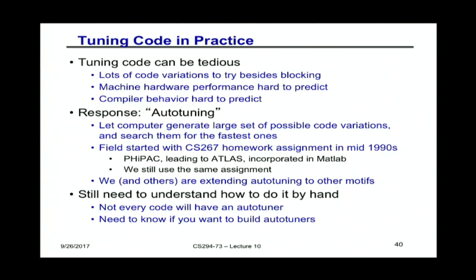Also, the compiler behavior is difficult to predict. It's also a combinatorial way of configuring the compiler. The compiler has, for example, 10 flags, and each flag has different values. The combination of those can change the performance wildly. Those are the things that people usually need to worry about in terms of tuning.